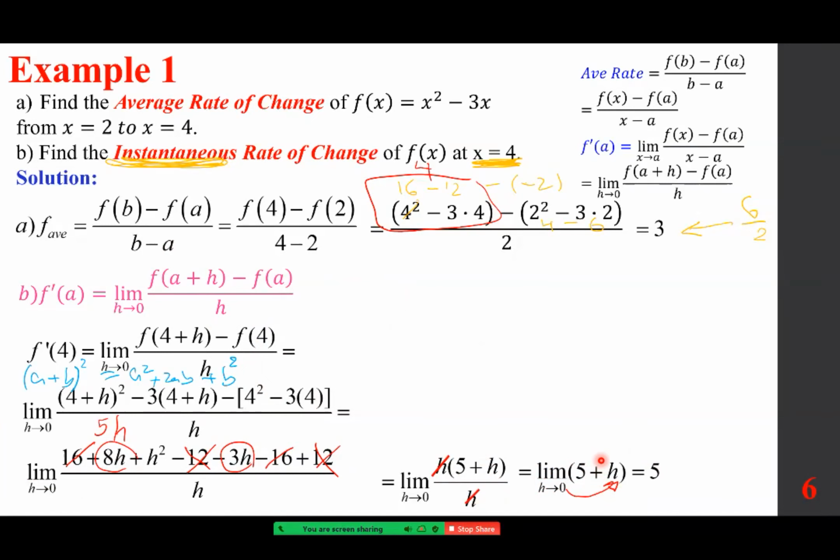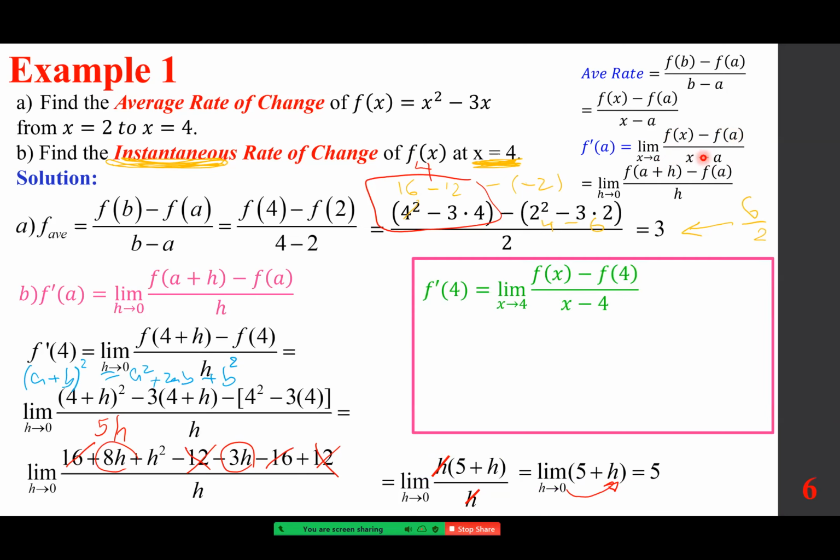Now, just for practice, I want to show you the second method, which is using this one. f prime of a, in this case f prime of 4, is the limit as x approaches a, which is 4, of f of x minus f of a, which is f of 4, over x minus a, which is x minus 4.